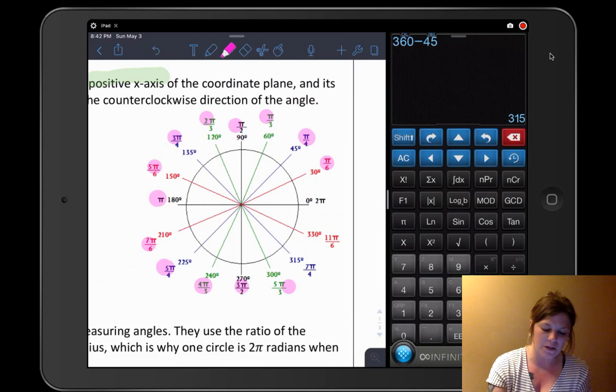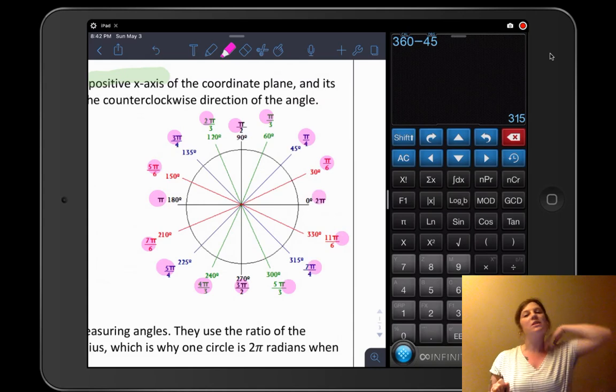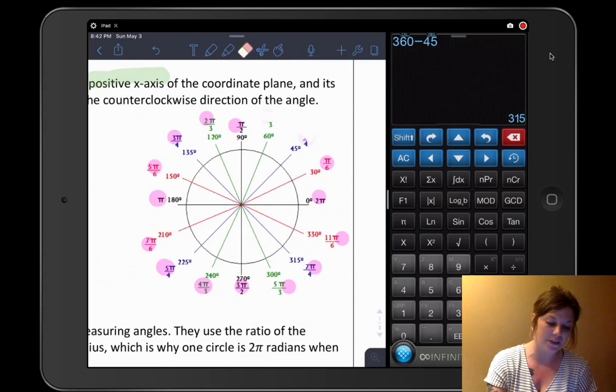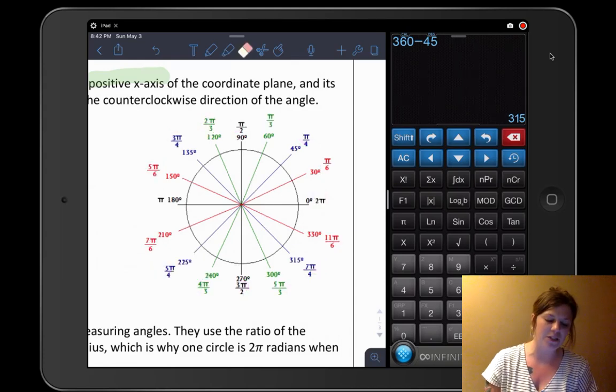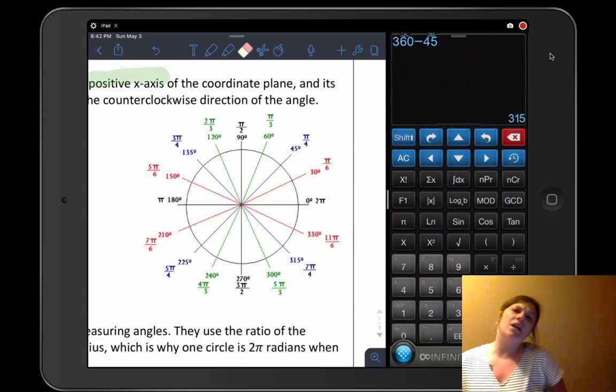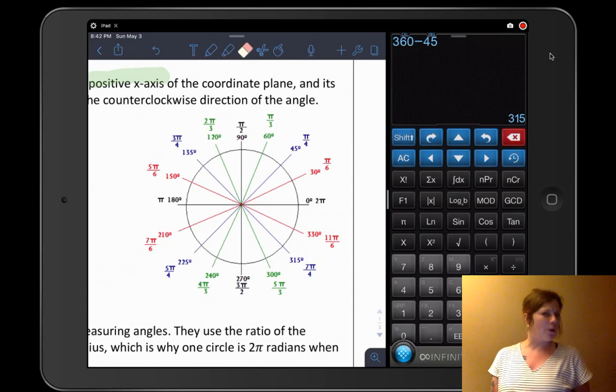Those are called radians, and it's just a different way to measure angles in a circle. They're the same as degrees, except instead of just cutting a circle into 360 little tiny parts, we say that we are going to measure the angle based on its ratio of the circumference to the radius.